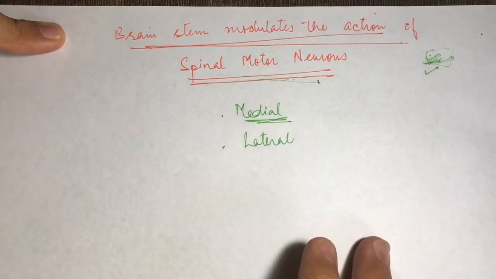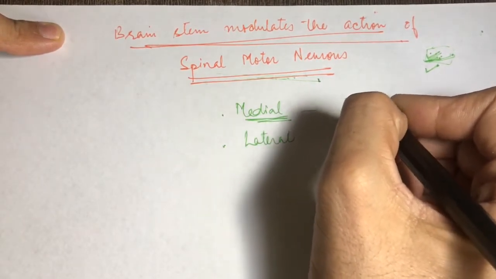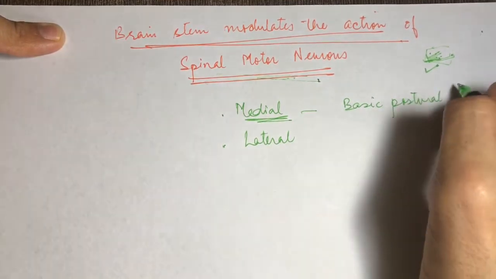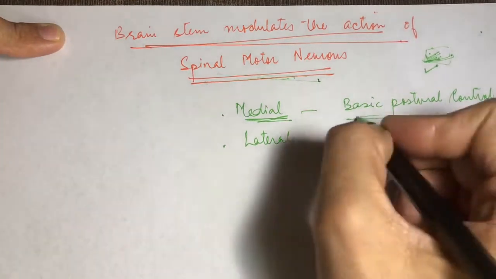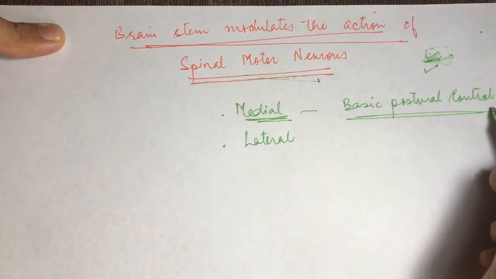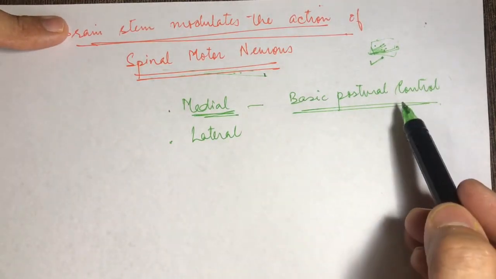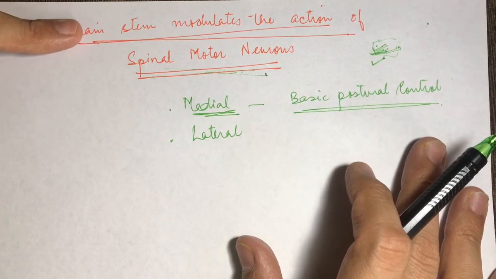The medial most one will provide the basic posture control, the postural control system. And how is this basic postural control system maintained or helping in performing the movement? By affecting the axial and proximal limb muscle.